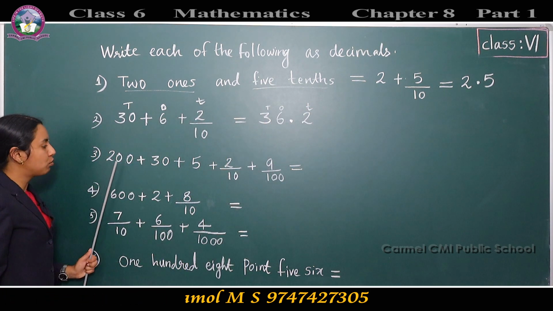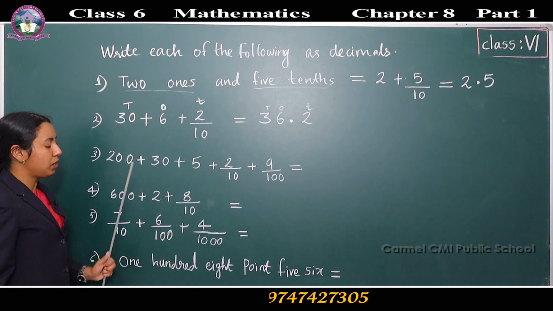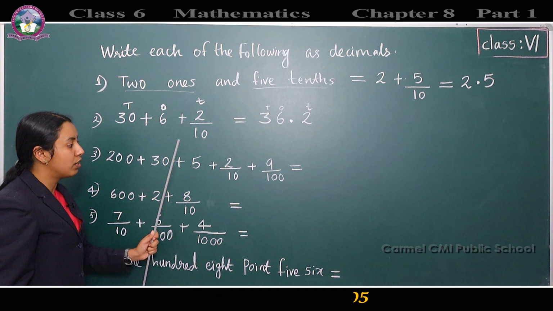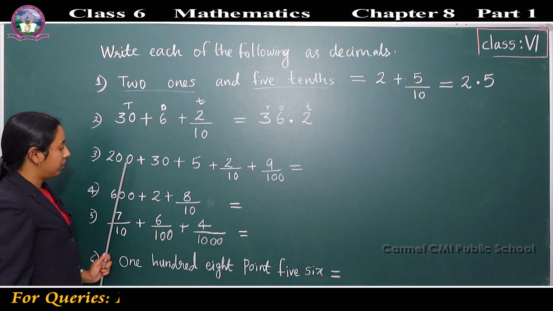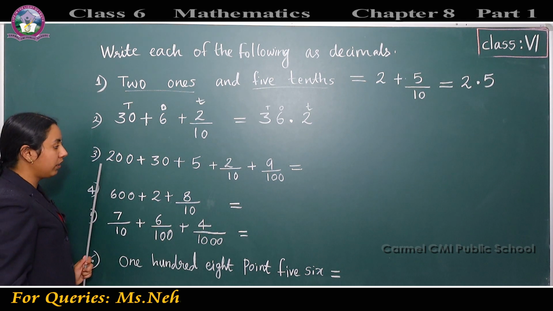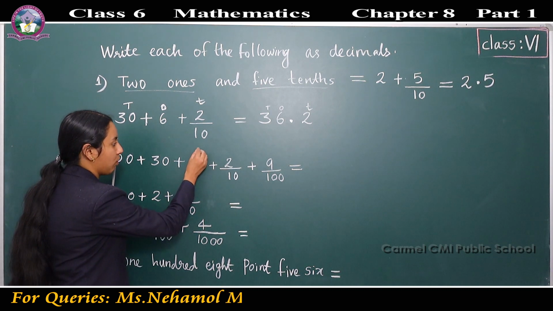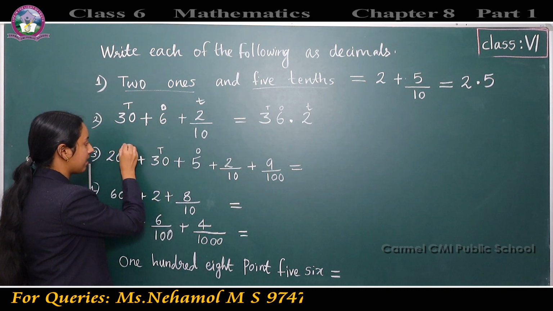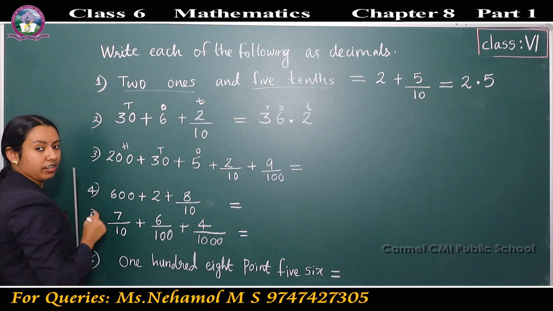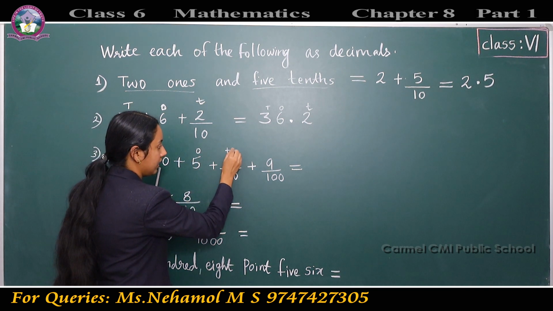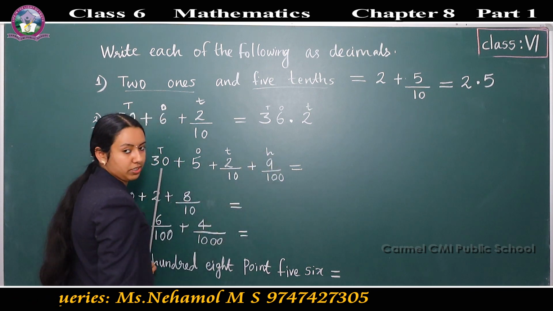Next one, 200 plus 30 plus 5 plus 2 by 10 plus 9 by 100. We have to write the corresponding decimal. Ones, tens, hundreds. Ones is given, tens is given, hundreds is given, then tenth is there, hundredth also there.